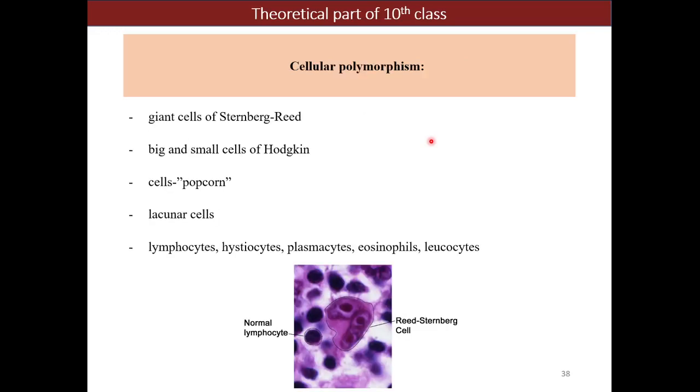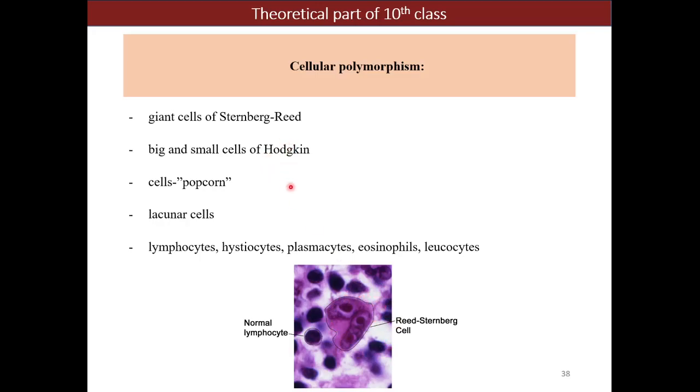The cellular polymorphism of Hodgkin's lymphoma is associated with accumulation of giant Sternberg-Reed-Berezovsky cells. We may see it on this slide here.